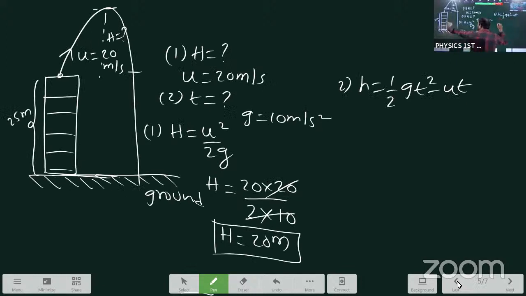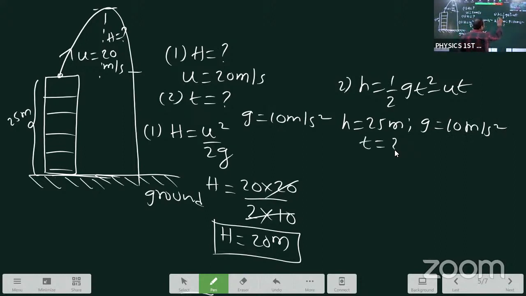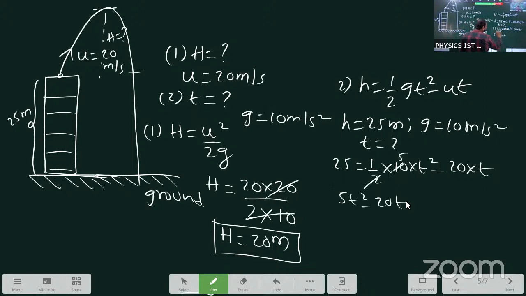Now height is nothing but displacement only, students. H equals 25 meters. G equals, obviously we know, 10, the approximate value. Now T equals question mark. H 25 equals half G T square minus U, initial velocity 20 into T. We get a quadratic equation: 5T square minus 20T, and 25 coming to the left side means minus.